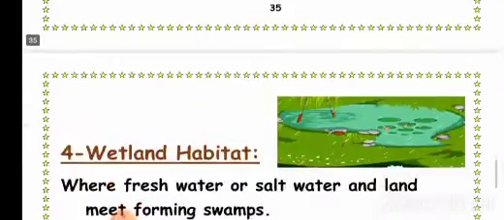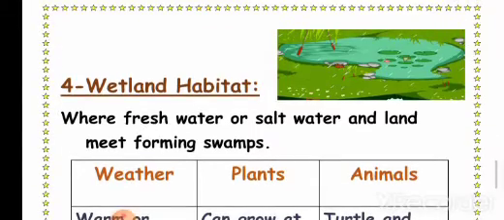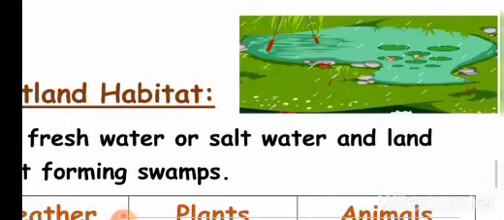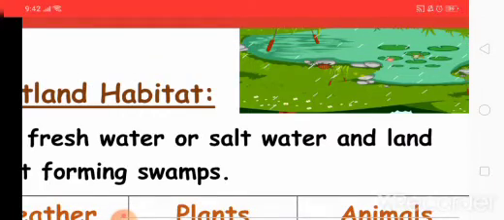Okay? We talk about number 4, wetlands habitat. Wetland habitat is where fresh water or salt water and land meet together, forming swamps. Junior 3, swamps are like a lake, like this picture, when the land meets fresh water or salt water to form swamps.